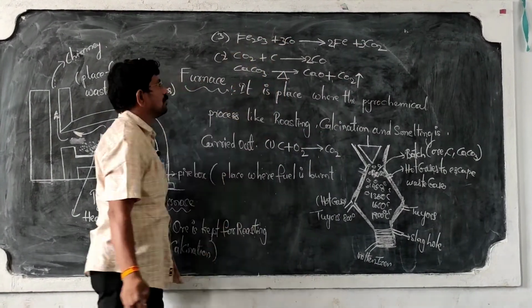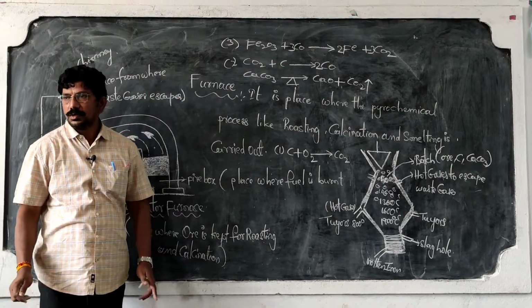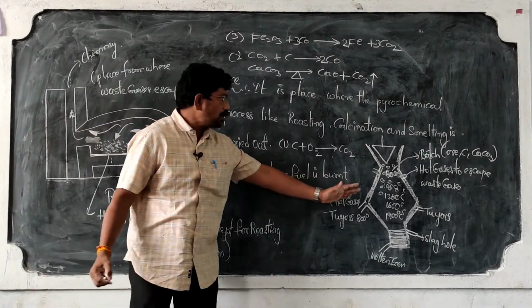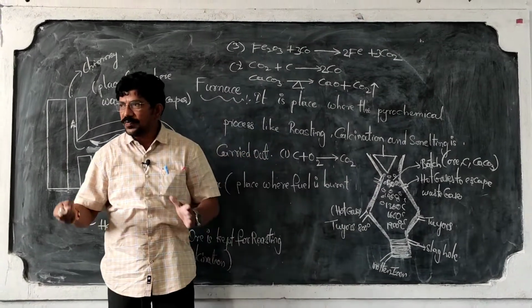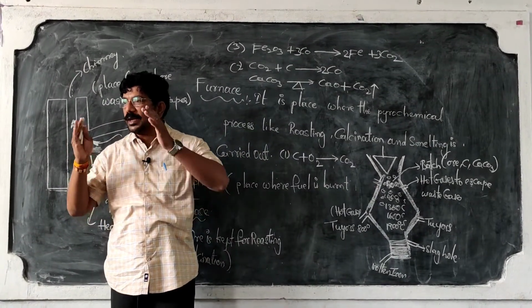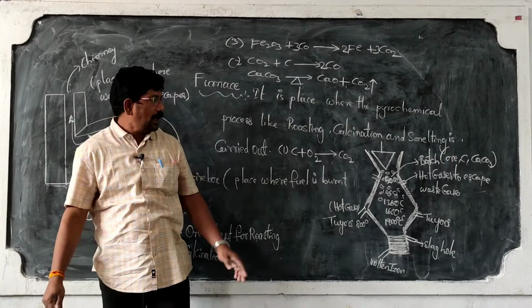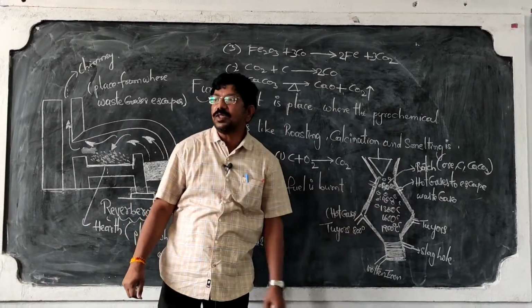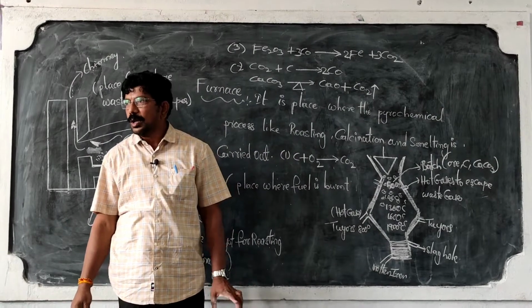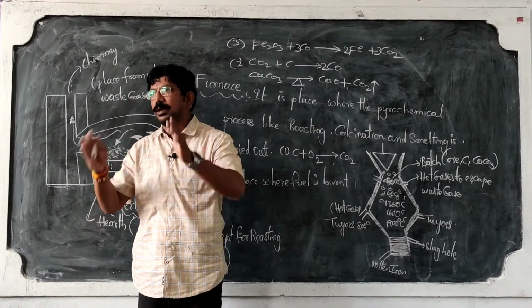Do you understand the concept? So this is the process which is taking place inside the blast furnace. Blast furnace is maintained at different temperatures. The inner part of the blast furnace is lined with fire bricks, already I told you, to withstand the high temperatures.